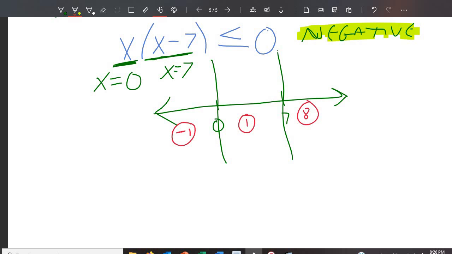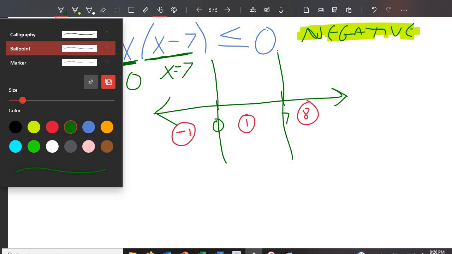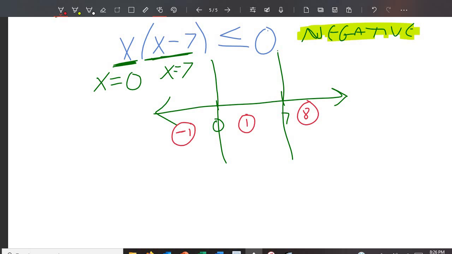So we're going to take each of those test values and plug them in right here. Alright, so if we put negative 1 in, we're going to have negative 1 in front, then negative 1 minus 7.